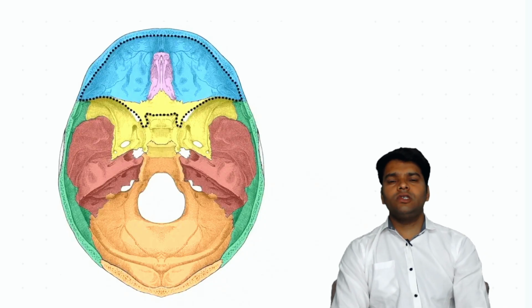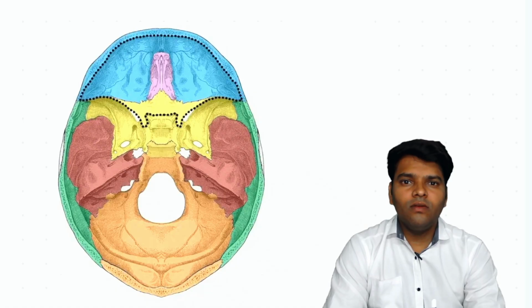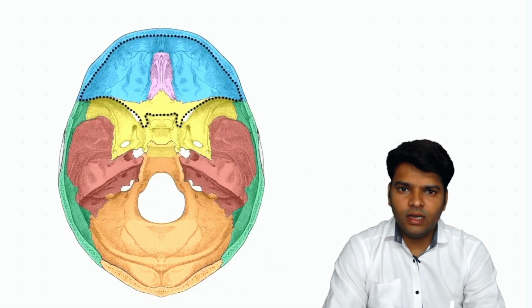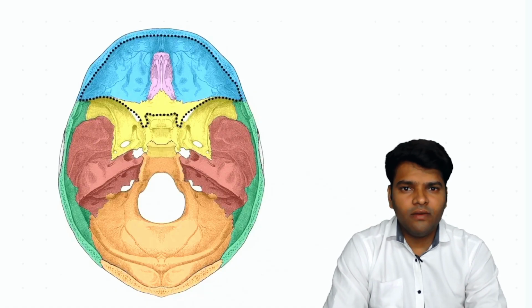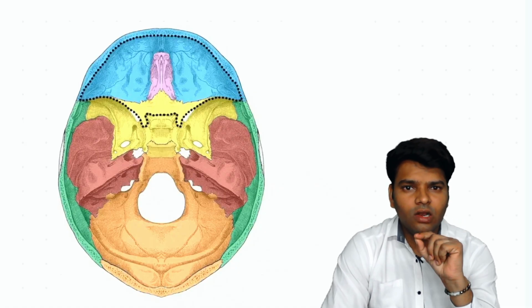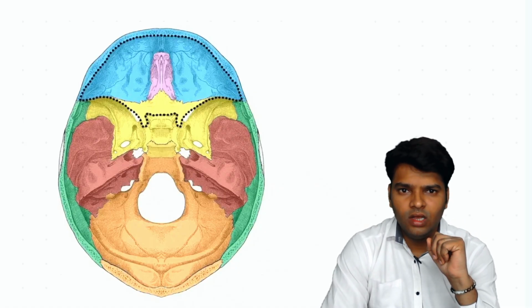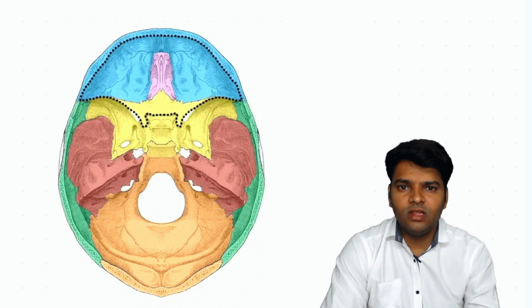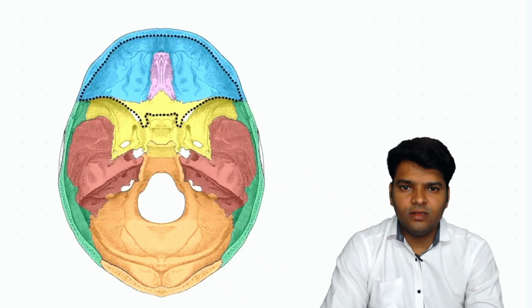I will start from the cranial fossae and cranial foramina, and after that we will learn the temporomandibular joint along with the muscles of mastication, and also the tongue topic along with the dural venous sinuses.